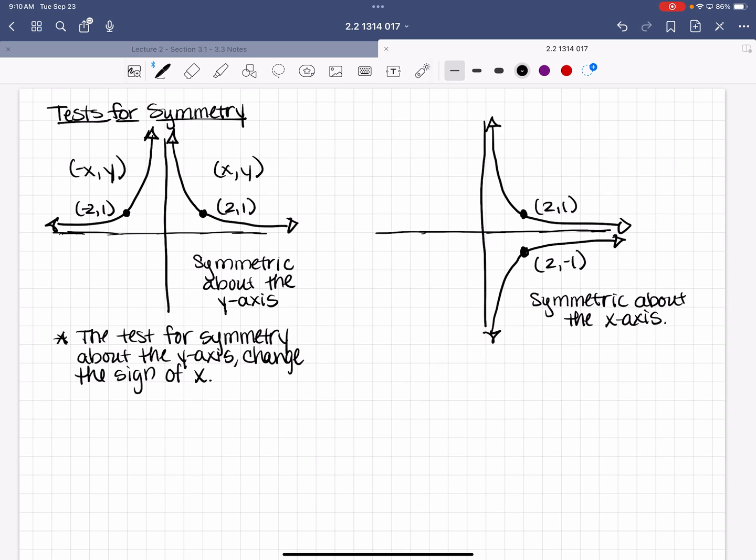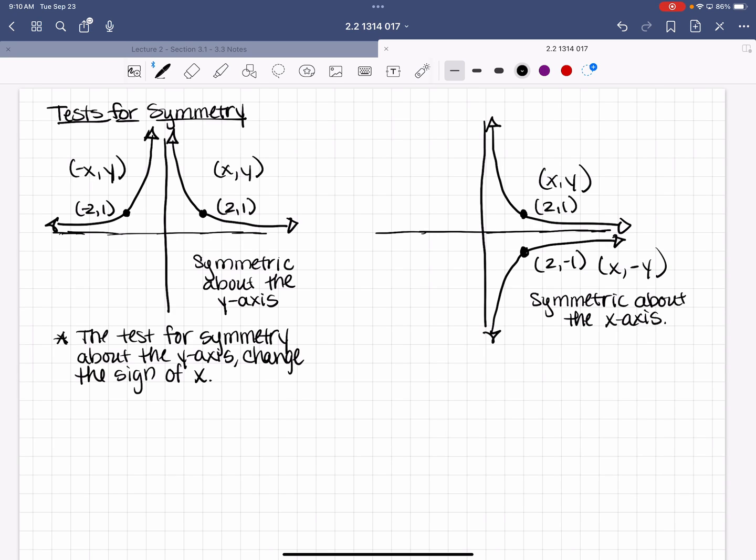But you won't always have the graph, and you don't always have the ability to see that. You don't automatically see that in your head. So you have to be able to take the equation and go, okay, is it going to be symmetric about the x-axis, or the y, or, in a minute, the origin?